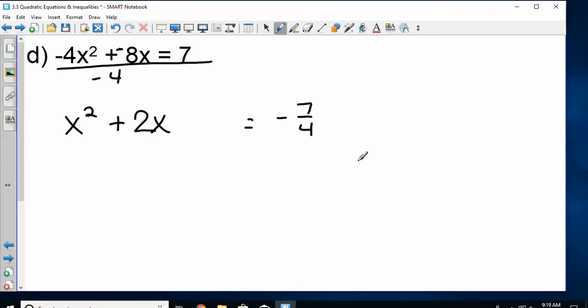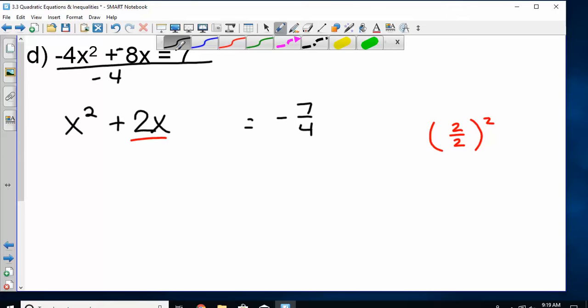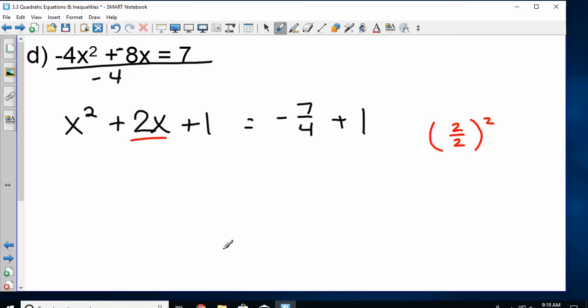So step 3, middle number, which is 2, divided by 2 and squared. So 2 divided by 2 is 1, and 1 squared is 1. So you add 1 to each side.